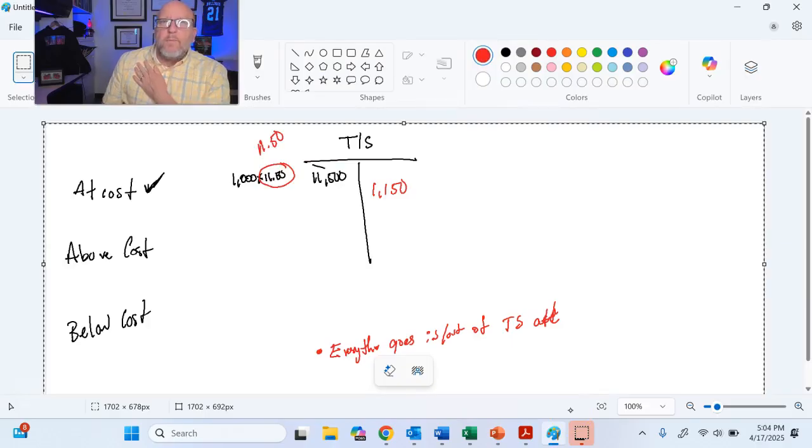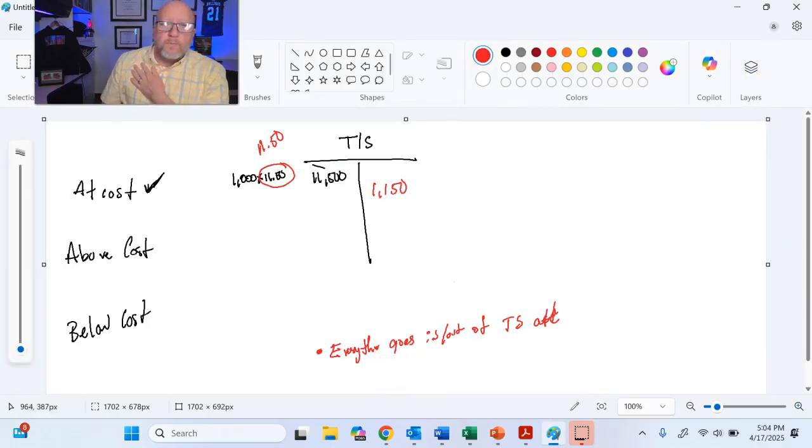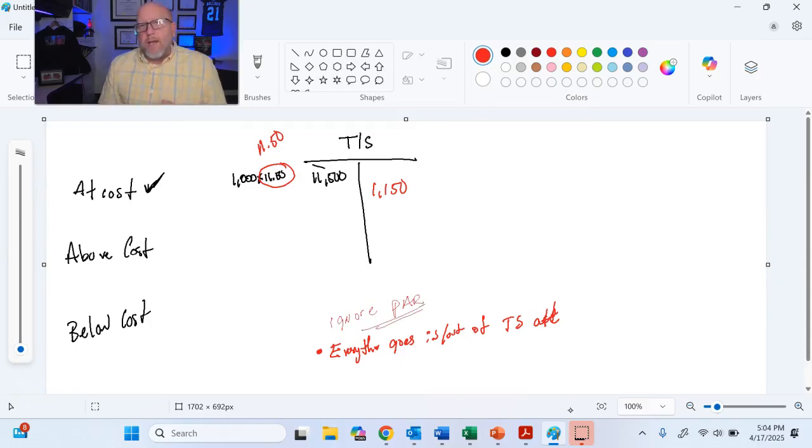The next note that I would write on my chalkboard, if I could, would be that every time I deal with treasury stock, I am going to ignore par. Okay? I'm ignoring par when I'm buying back stock. It could be common stock with a par value of $2.